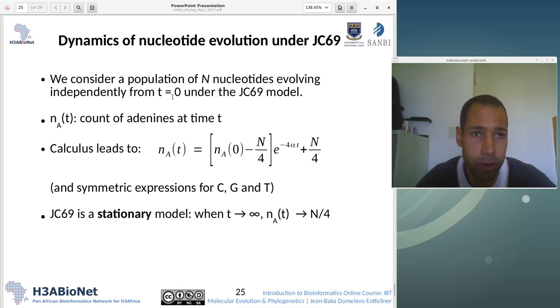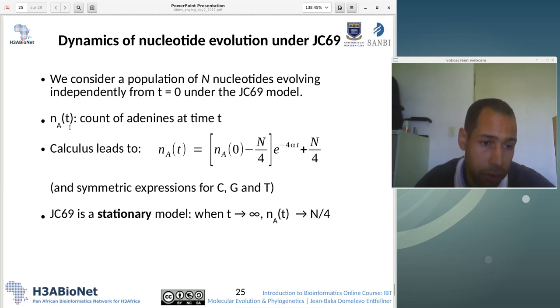Okay, let's imagine you have a soup of nucleotides, a mix of nucleotides that are subject to this evolutionary model, and let's see how this population changes over time. So over time we have lowercase n, subscript a certain nucleotide, at a time t.